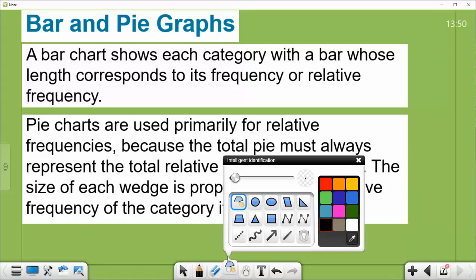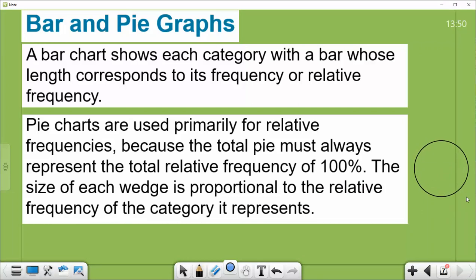So if I had, you don't have to copy this, but that would represent the pie at 100%, and if I were to cut it in half, this would be 50%, and that would be 50%. If I cut that piece in half, it'd be 25%.